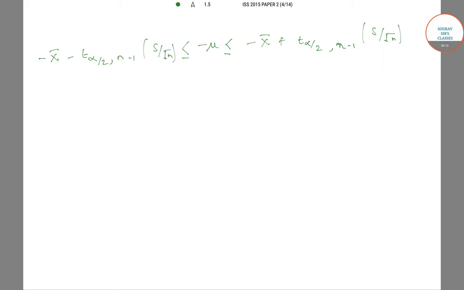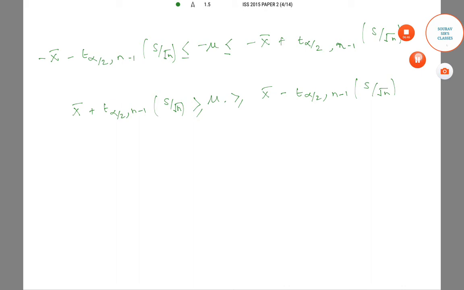Now if we multiply both sides of the inequalities with minus 1, we get mu is greater than or equal to x bar minus t alpha by 2 comma n minus 1 into s by root n, and it would be less than or equal to x bar plus t alpha by 2 comma n minus 1 into s by root n.